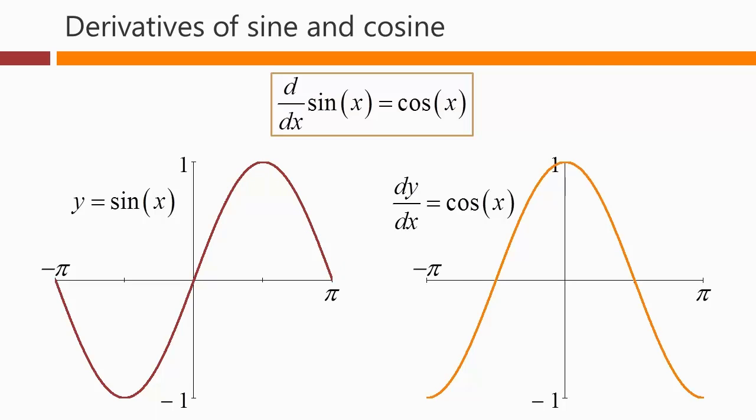So that's what the cosine curve looks like. Here it's got a negative value, so that corresponds to this negative slope. Here it has a positive value corresponding to this positive slope. Here it has a positive value corresponding to this positive slope. And here it has a negative value corresponding to this negative slope.